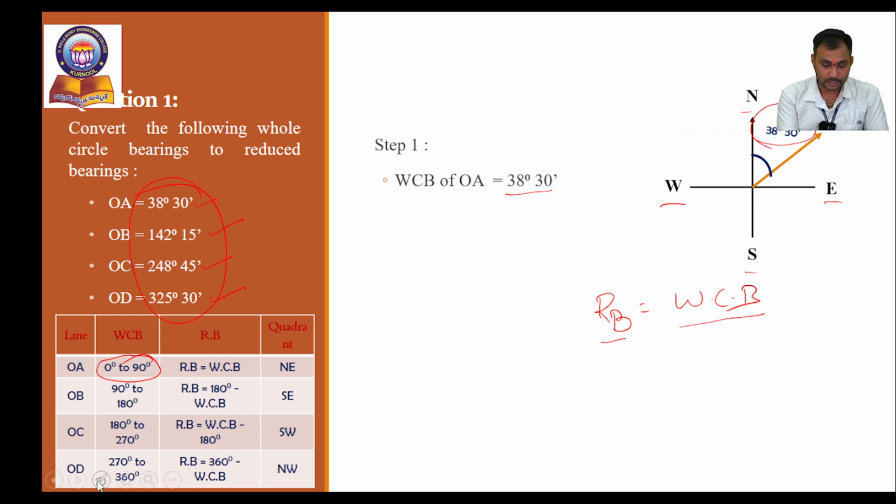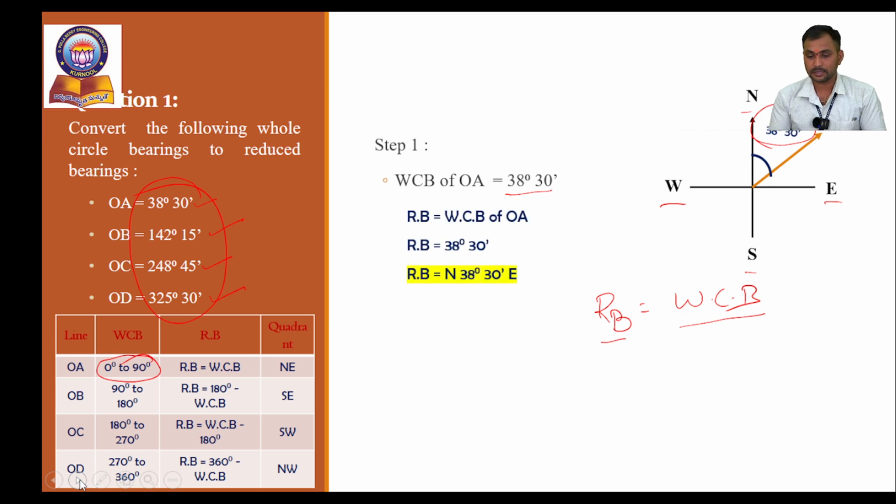Okay, my dear students. When presenting the reduced bearing, we have to present the direction also. So in which direction is it presented? From north to east, my dear students.